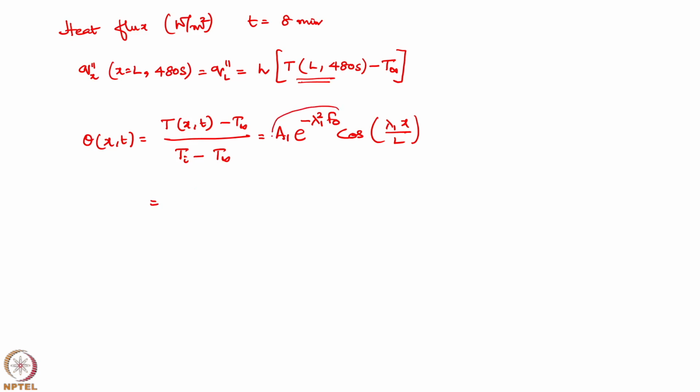This can be thought of as what we have just found, theta of 0 comma t at x equal to 0. Otherwise you can just substitute also if you are getting confused, there is no problem.